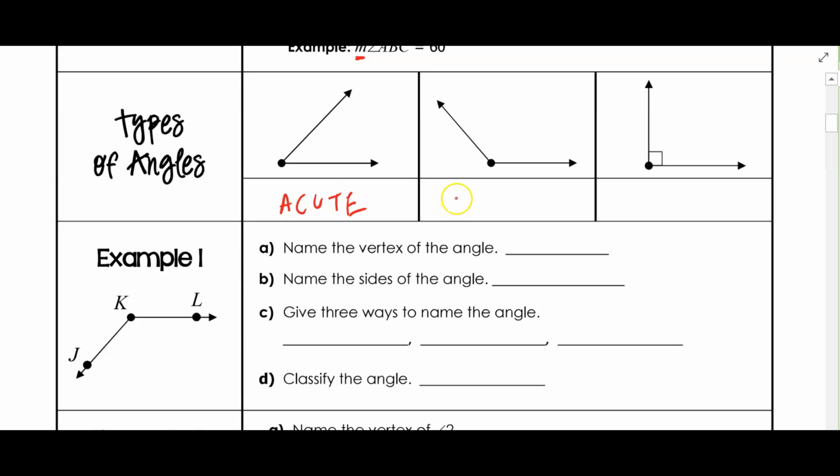This one is more than 90, so it's obtuse. And this one is equal to 90. We know it's 90 because of that right angle marker in there, that little box. So that's a right angle. Okay, and with a right angle, the sides of the angle, the 2 rays, are perpendicular.